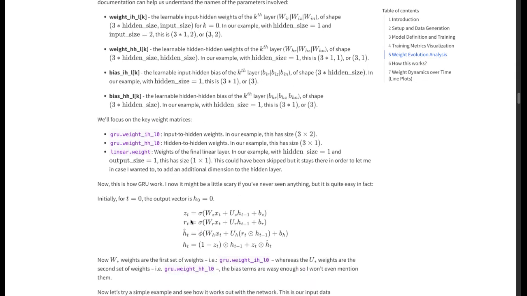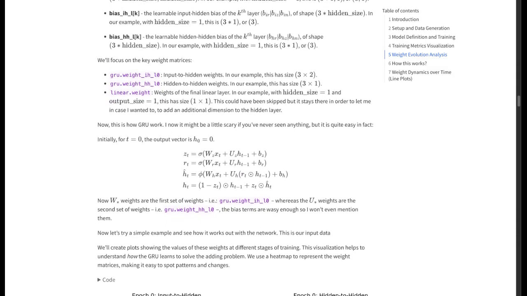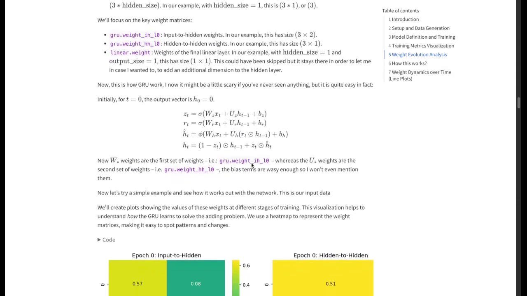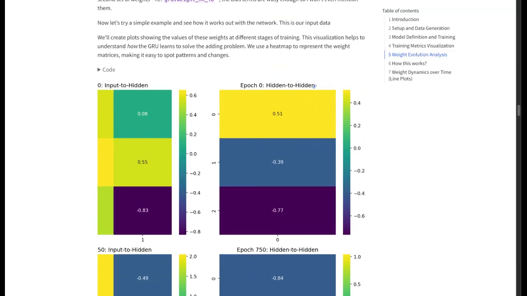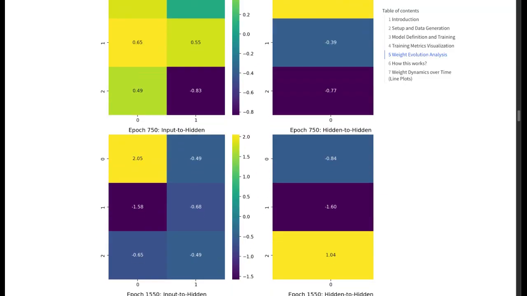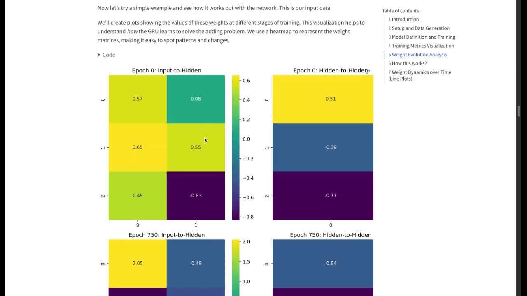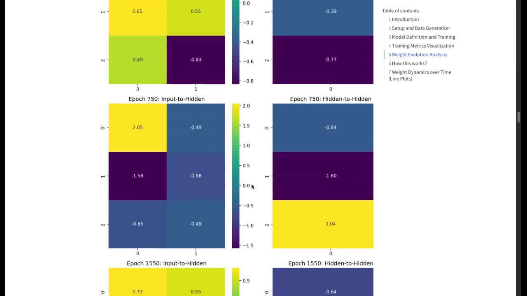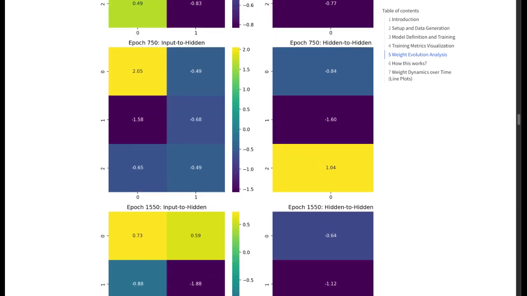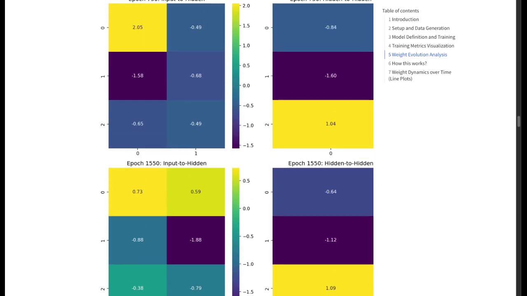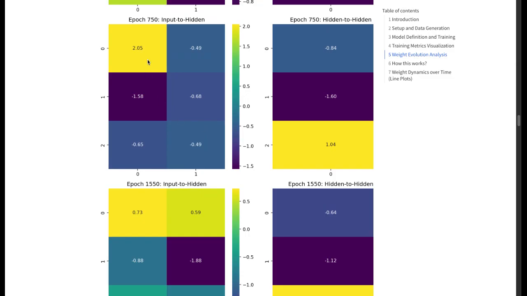Here is, really quickly, how the GRU works. Nothing new, nothing special. This is already something that we might look at. This is random initialization, so it doesn't make much sense to look at it. Here we can see something that is really important.